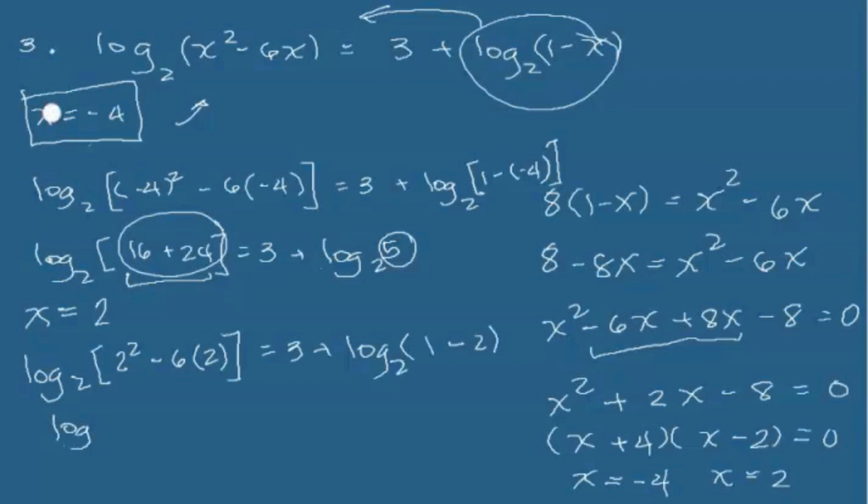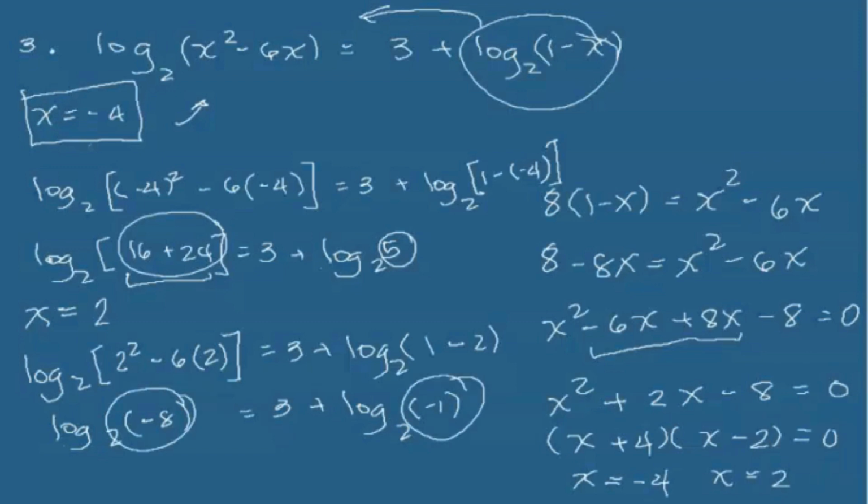So we have logarithm base 2 of 4 minus 12, that's negative 8, is equal to 3 plus logarithm base 2 of negative 1. So we have negative arguments, negative numbers. That's not a possible solution. So we only have x equals negative 4.